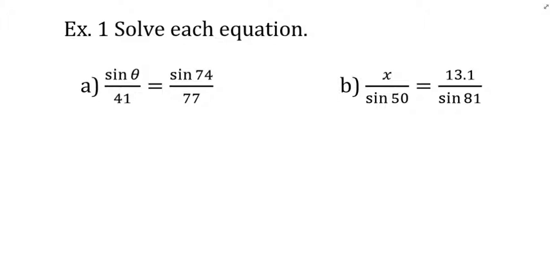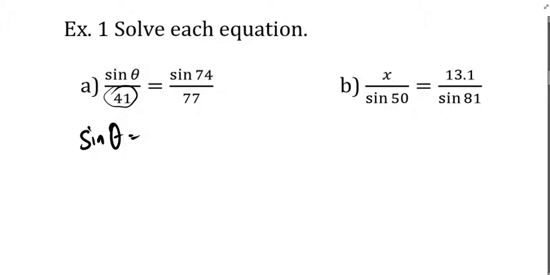So to do that, we go sine theta equals, I multiply both sides by 41 to move it over. So I end up with 41 sine 74 over 77.